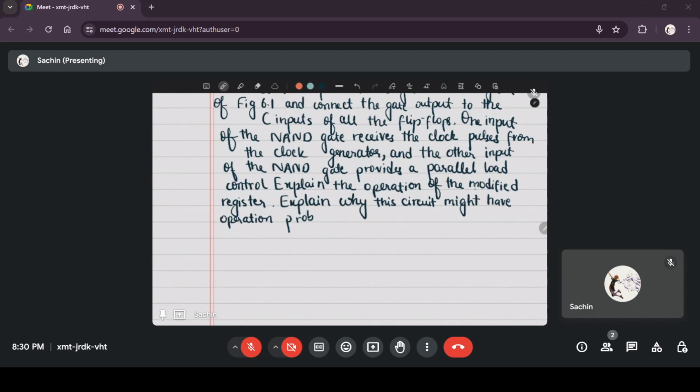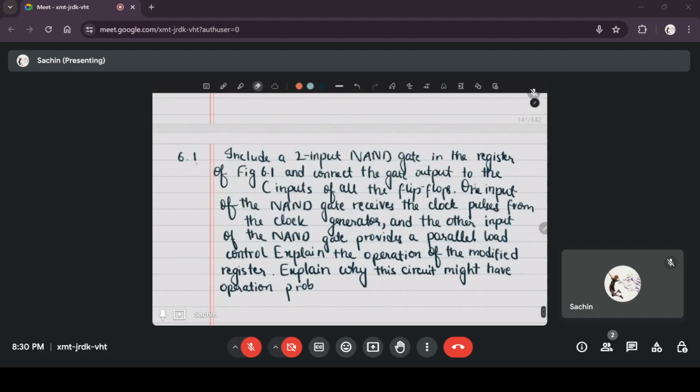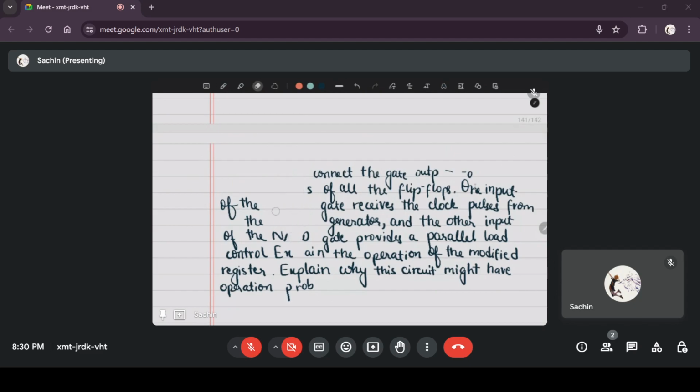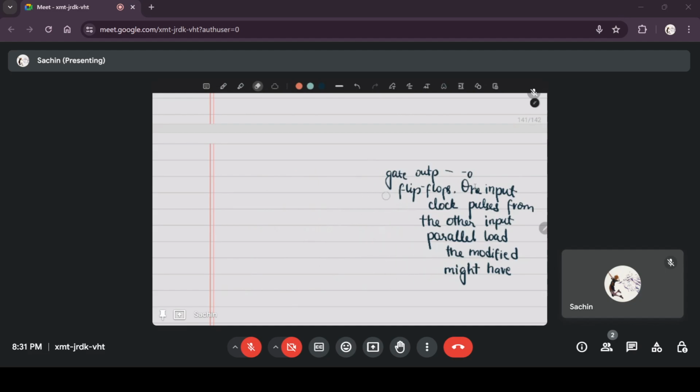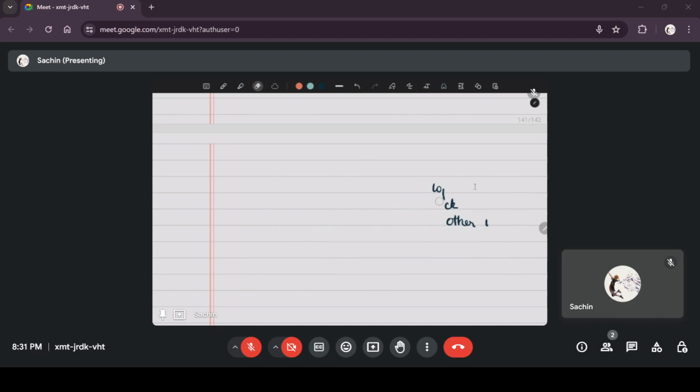I'll skip the theoretical questions. You can read about it in the textbook yourself. You can look up theoretical answers online. They are not in the textbook itself. I'll start with question 6.4.